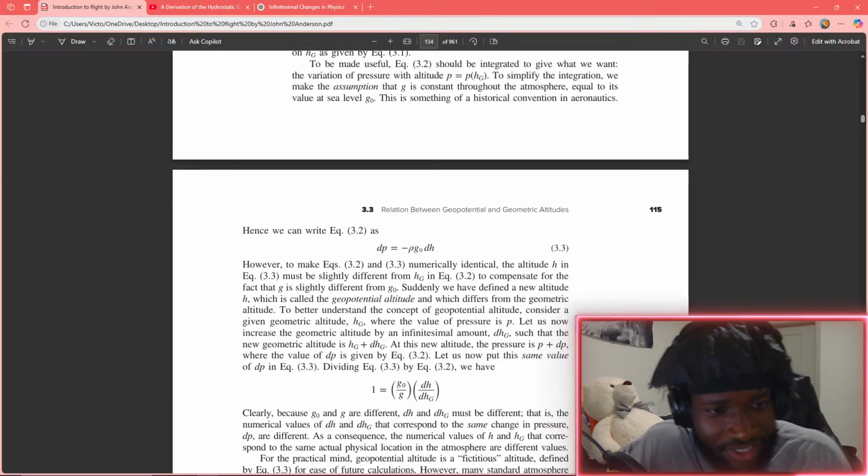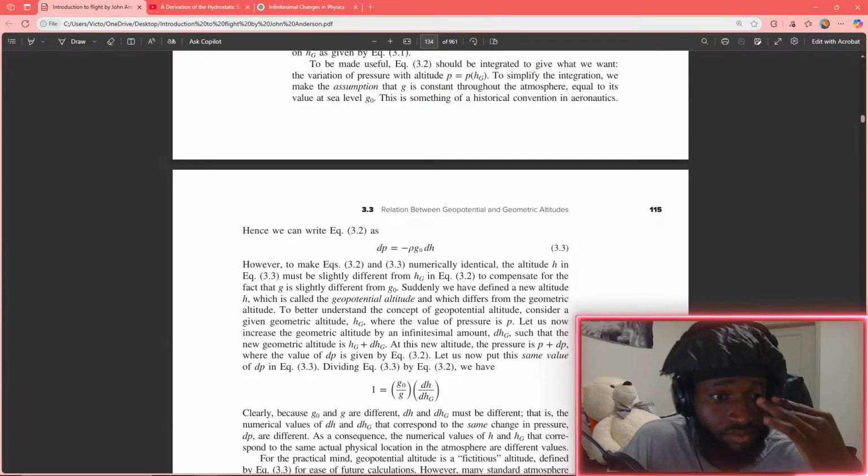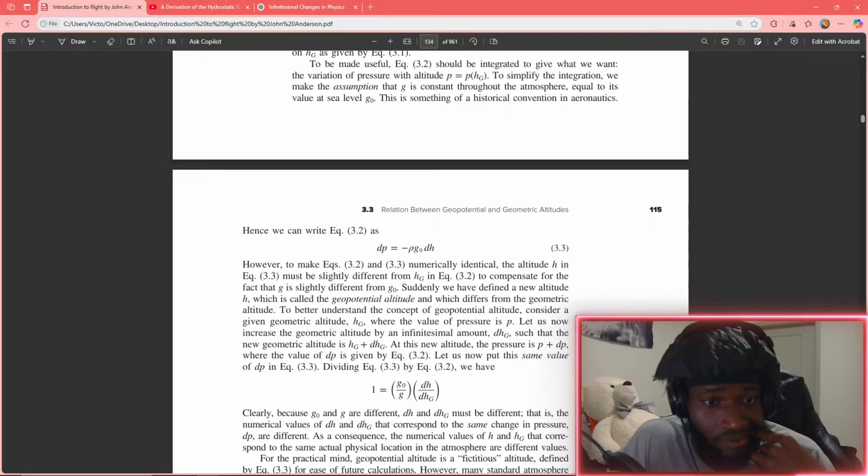So if we integrate dP equal to g dh, we get P, and P is equal to gh because g is constant.